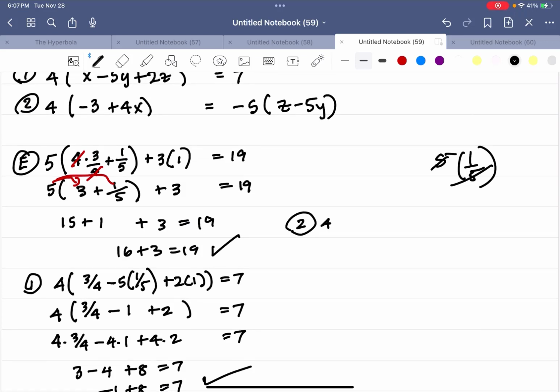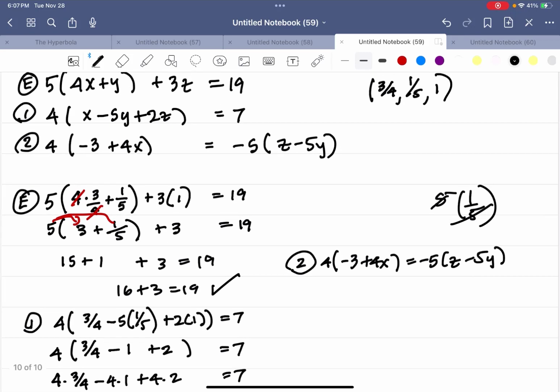So 4 times negative 3 plus 4x equals negative 5z minus 5y. And I'm going to put in 3/4 for the x. So negative 3 plus 4 times 3/4 equals negative 5 times z, which is 1, minus 5 times 1/5.